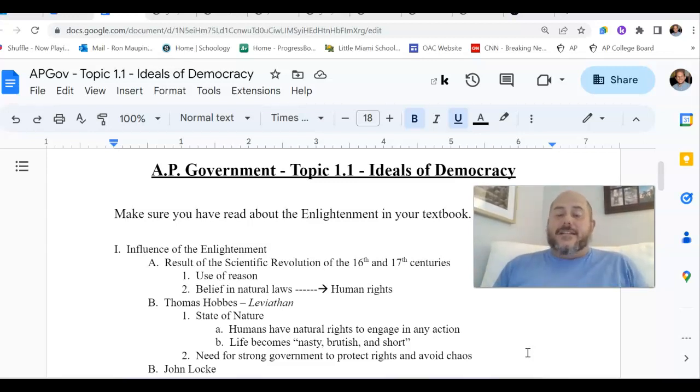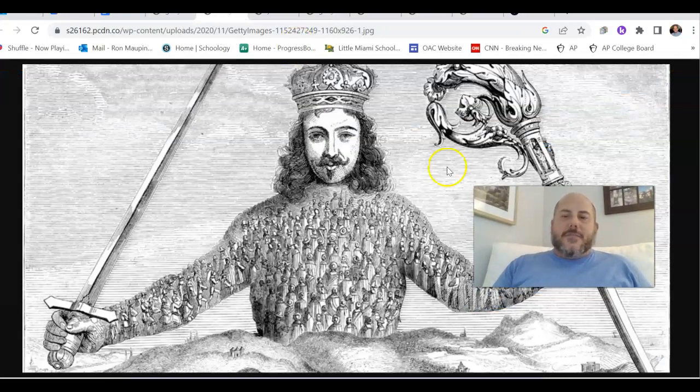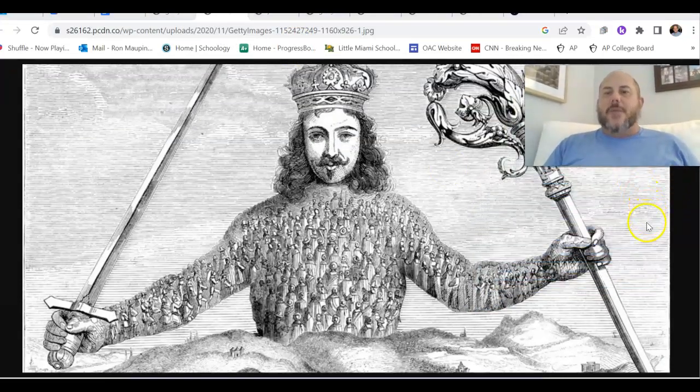Well, that entity is called government. According to Hobbes, government exists basically to protect us from ourselves. And government has to be strong. It has to be assertive. And it has to be imposed.